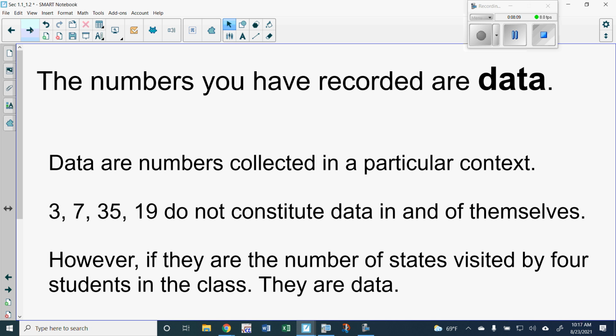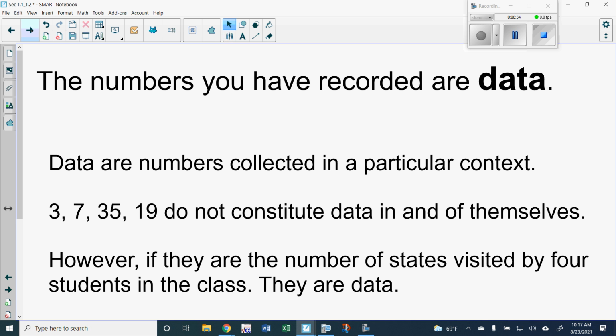I had somebody in the earlier class today, and I was like, how can somebody visit 35 states? There's not even that many states. So the rest of the class pretty much was not kind to him. But once that data has a label on it, has units on it, describes something specific, that becomes data.